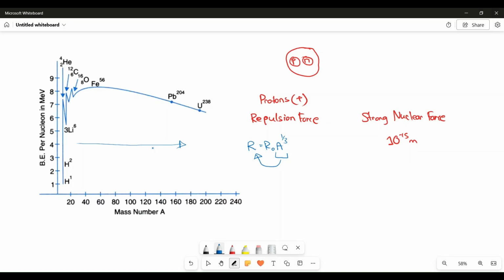Since the nuclear size gets bigger, and the strong nuclear force is very short ranged, it cannot keep up with the repulsion force throughout the nucleus, since the nucleus has become too large. So the impact of the strong nuclear force becomes weaker on the whole nucleus.